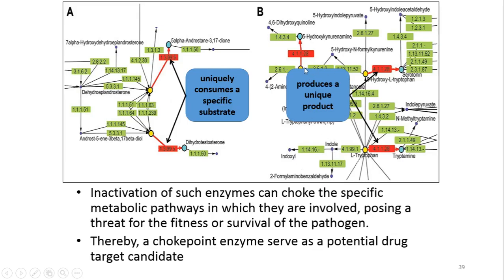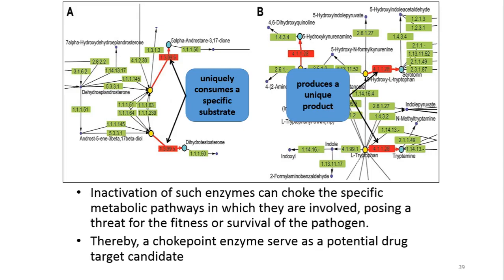On the other hand, you can see over here, in this case, the highlighted red colored reaction is responsible for producing a metabolite that is very unique. That means it will produce a metabolite that will form a source of multiple metabolic pathways, or that would form a source of multiple biochemical reactions, and eventually they would form multiple metabolic pathways.